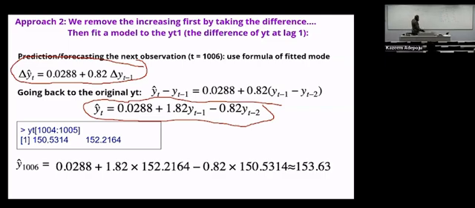Here I can write that as yt minus yt minus 1 equals 0.0288 plus 0.82. If we want to go similarly, it's going to be yt minus 1 minus yt minus 2. That's another way. You can just simplify that, and before you know it, you're going to find yourself in that.